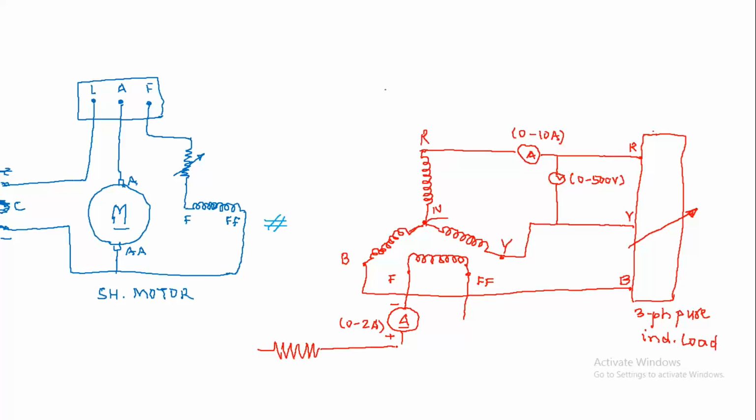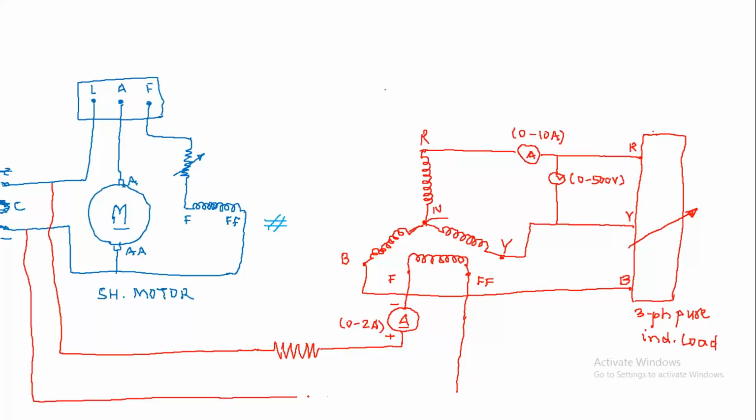So you want two rheostats, one in the field circuit of the prime mover and second for the field circuit of the generator. This is the connection diagram of the generator. Also this is variable. So the rating ranges of the rheostat are the same as given in the apparatus.